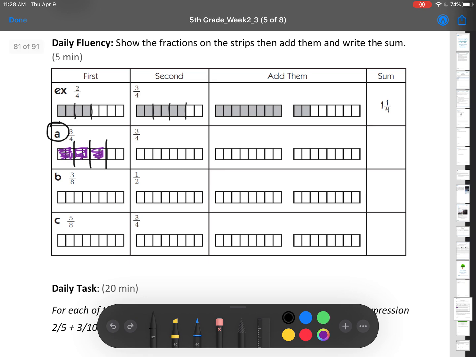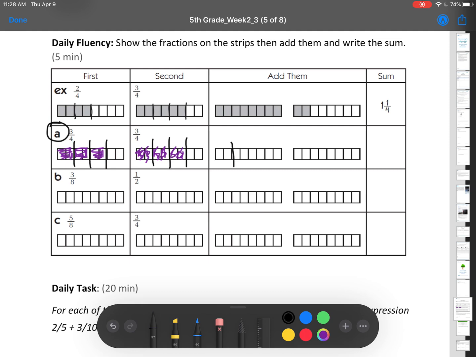I'm going to divide this into fourths. Whoops, it's very hard to do this. And you guys already know that I'm not good at drawing and stuff. All right, so 3/4. So again, I am going to shade in 3 of them. Dang it, other color. All right, there. Now I've shaded in 3 groups of 2, all right?